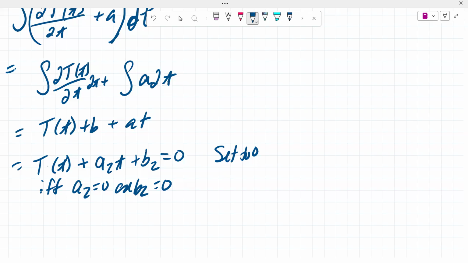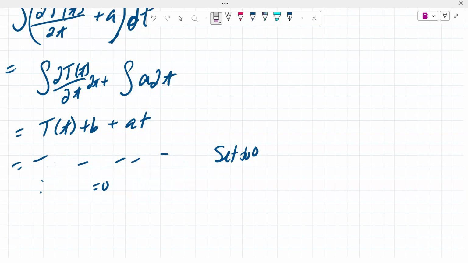So T of t plus b plus at equals 0. I also accidentally flipped too many pages at once, which is why this is a little messed up. I apologize. Basically the same thing that I just wrote here.